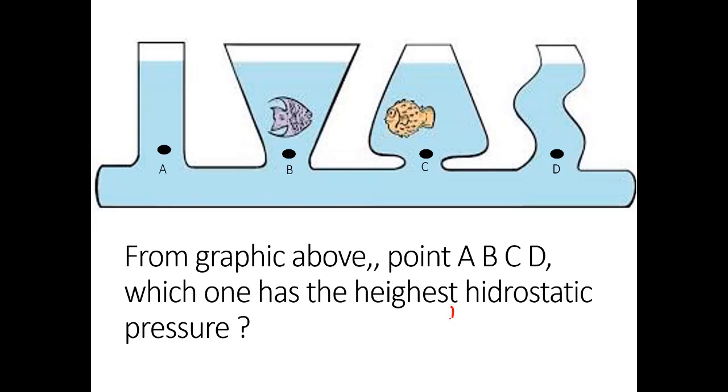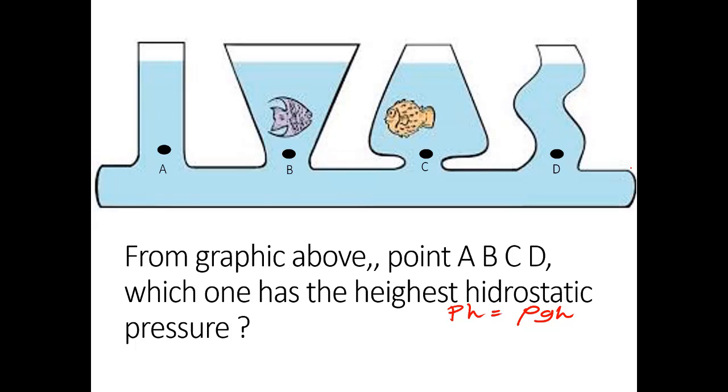A, B, C, D have the same density, water, and the same gravity as well. Let's round up to 10 meter per second squared, and also the h. So, which one has the highest hydrostatic pressure?